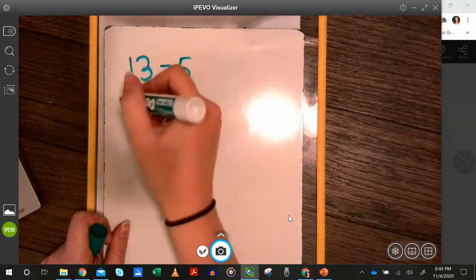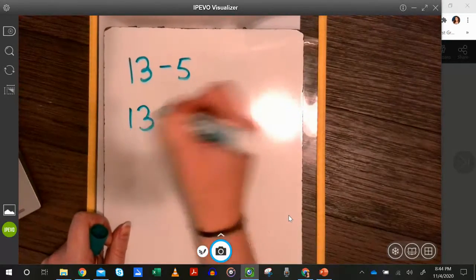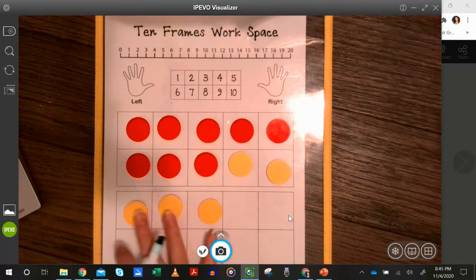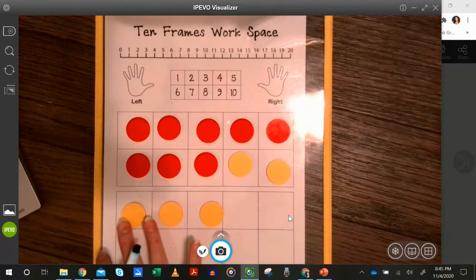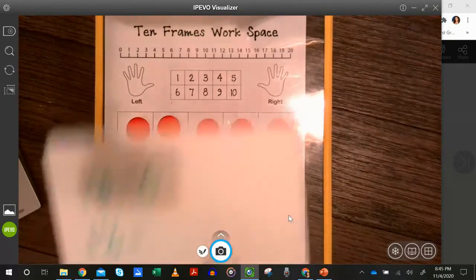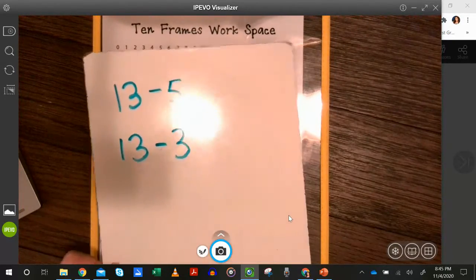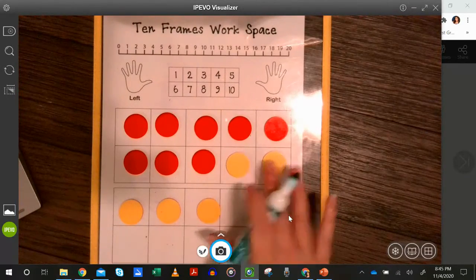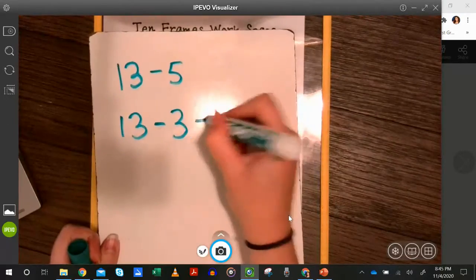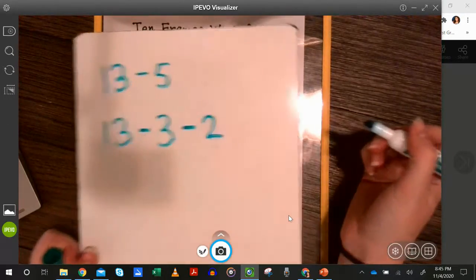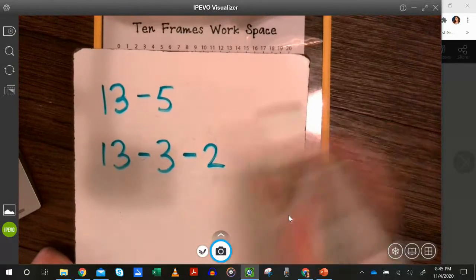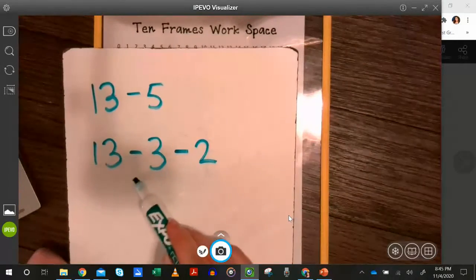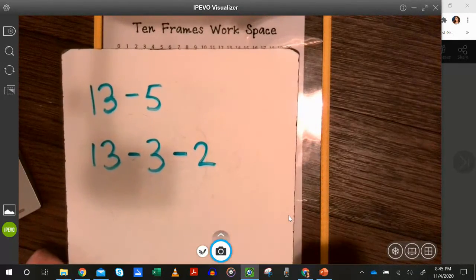But maybe you looked at the individual pieces. We can see that one part taken away is 3 here. 1, 2, 3. The 3 extras were taken away, and then we had 2 from the 10 frame taken away. Okay. That would also be correct. 13 minus 5 is the same thing as 13 minus 3 minus 2.